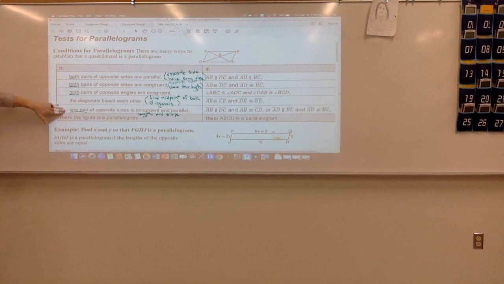Okay, but this section is all about proving that something is a parallelogram. And we're showing that something is a parallelogram by doing one of these things. Questions?